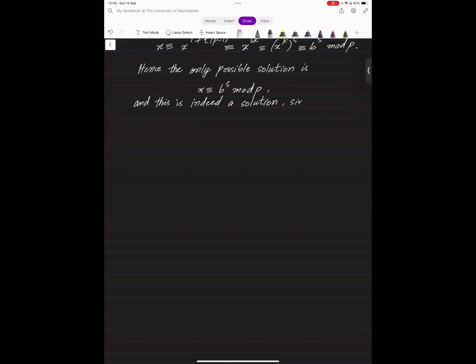This is indeed a solution since x power k, that is b power s into k, is congruent to b power 1 plus t into p minus 1, which is congruent to b into b power p minus 1 power t.